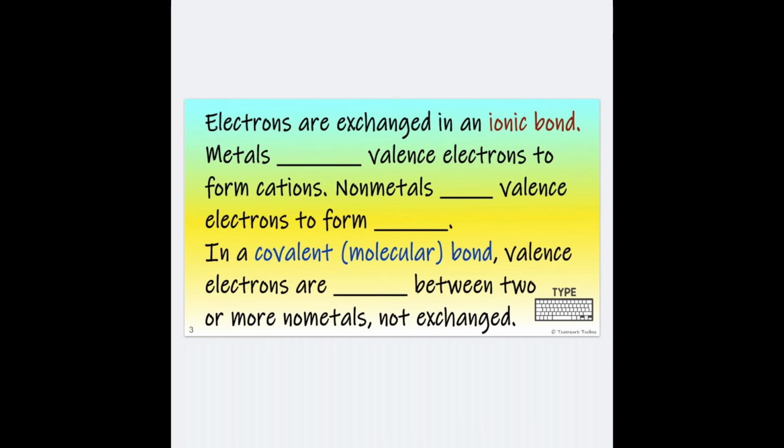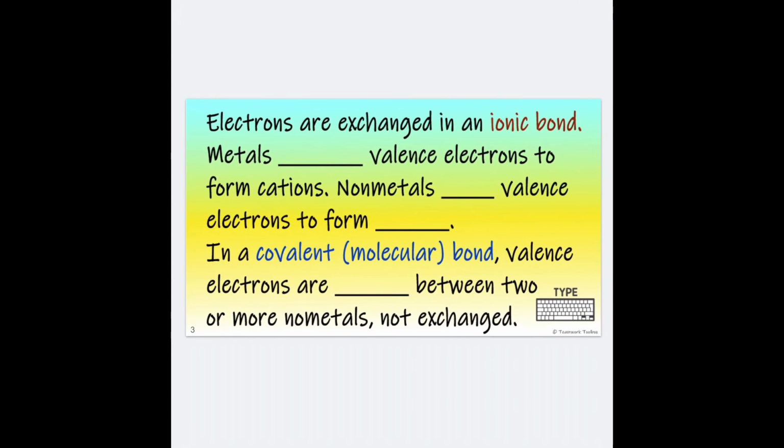Okay, so a couple of these I wanted to go through just real quick, so that way, just us working this together will help you out, and I'm sure there's a couple of these that we don't really need to do, like this first one. This says metals, electrons are exchanged in an ionic bond, metals blank valence electrons to form cations. Okay, I'm not worried about that.